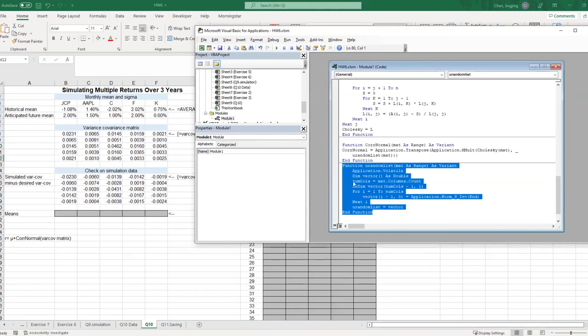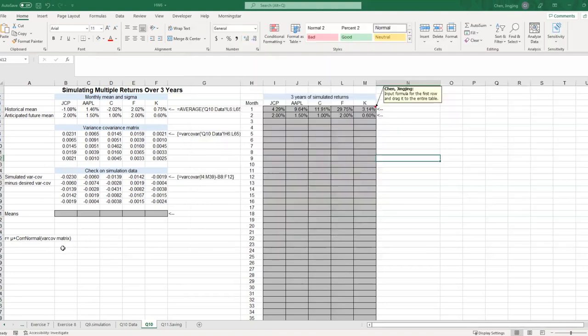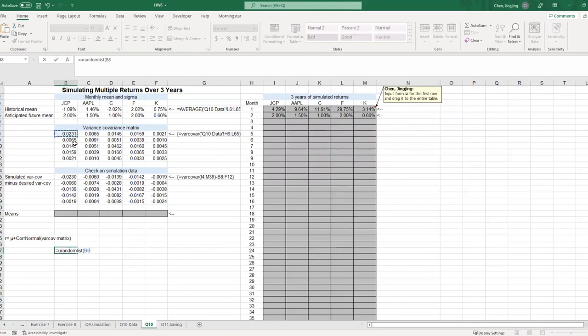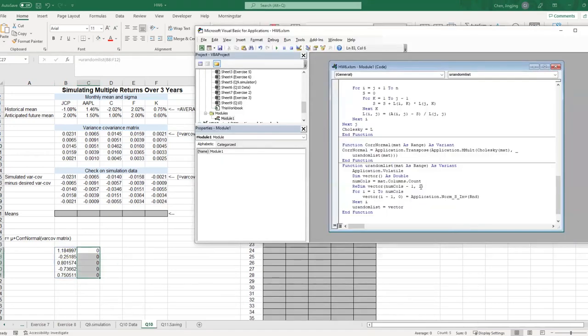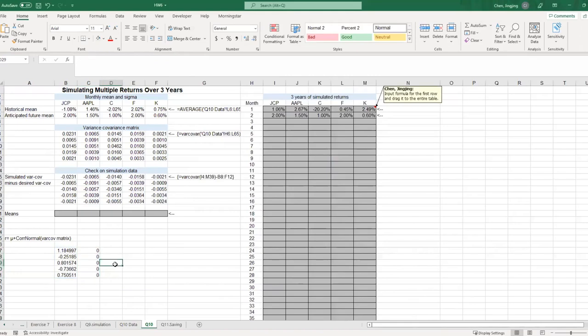Here it generates the random numbers, so we check equals U random list for the variance covariance matrix, and you can see that it's a redundant column. So I need to modify the code and delete the one extra column.